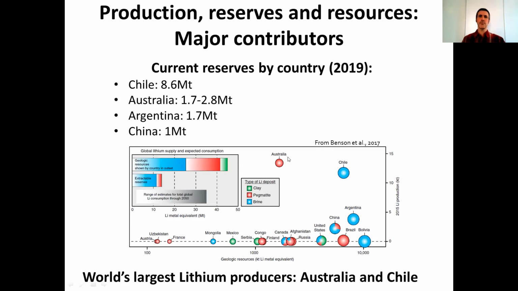The production in Australia is dominated by pegmatite deposits, while in Chile the production is dominated by brine deposits. The biggest resources, as I mentioned, are in brine deposits, but you can see here that these deposits, the brine deposits, are not fully exploited yet.